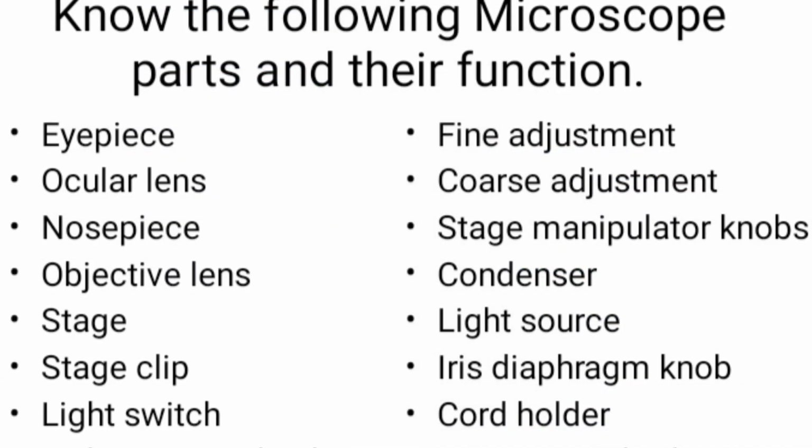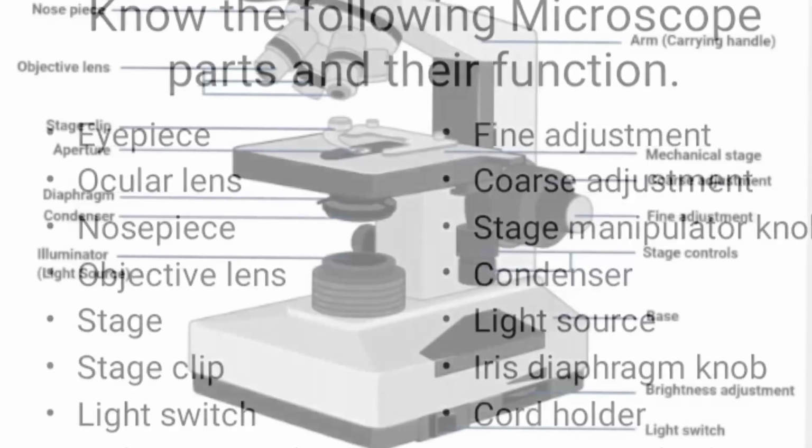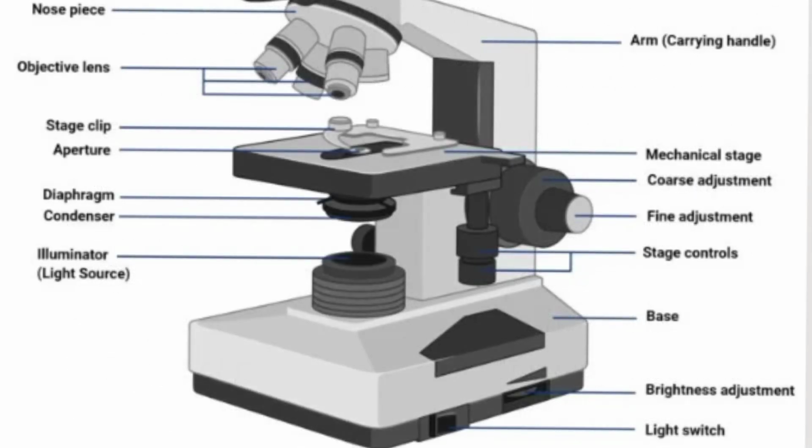The stage clip is located on the stage, and the function of the stage clips is to hold the specimen in place on the stage. They ensure that the specimen remains stationary and in focus during observation.